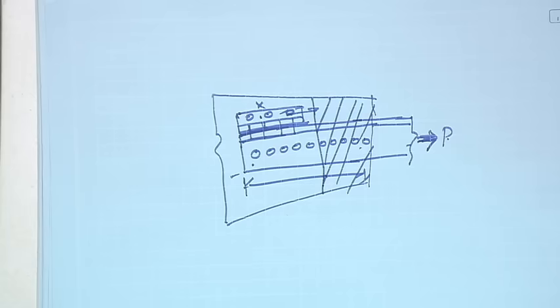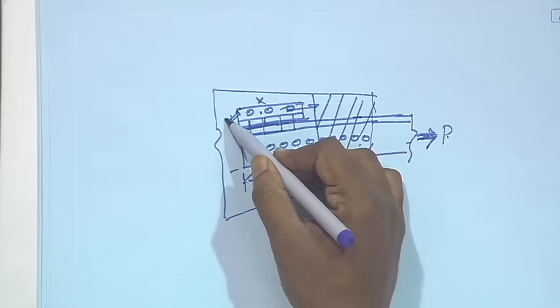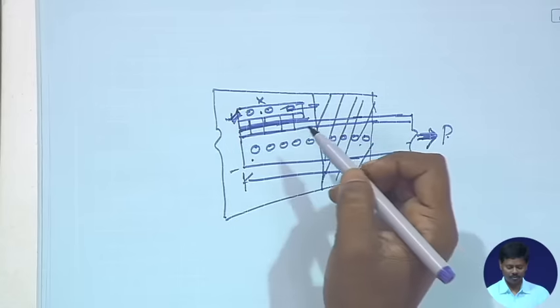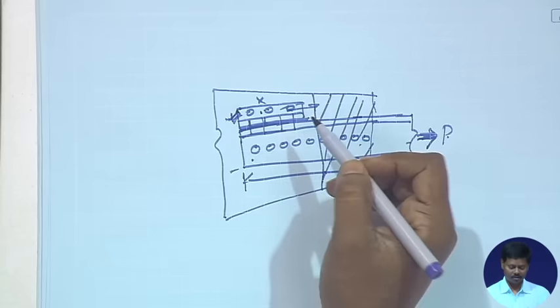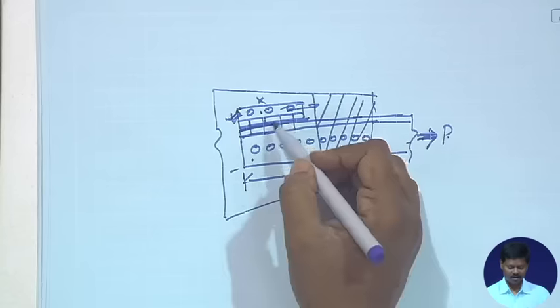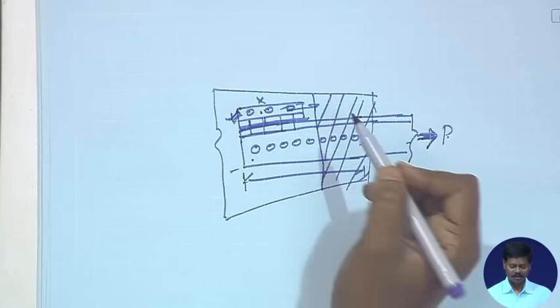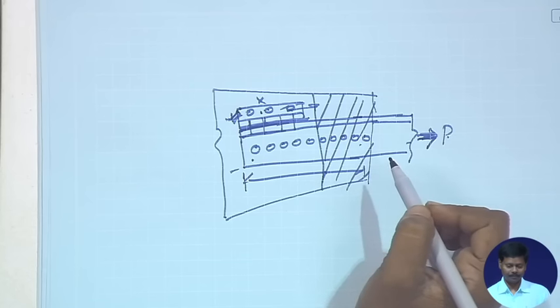However, sometimes it may not be possible, because as we are providing an extra angle, some extra material we are going to use here, and also eccentricity may generate because of the connections. So, it has certain disadvantages, but sometimes we use it.